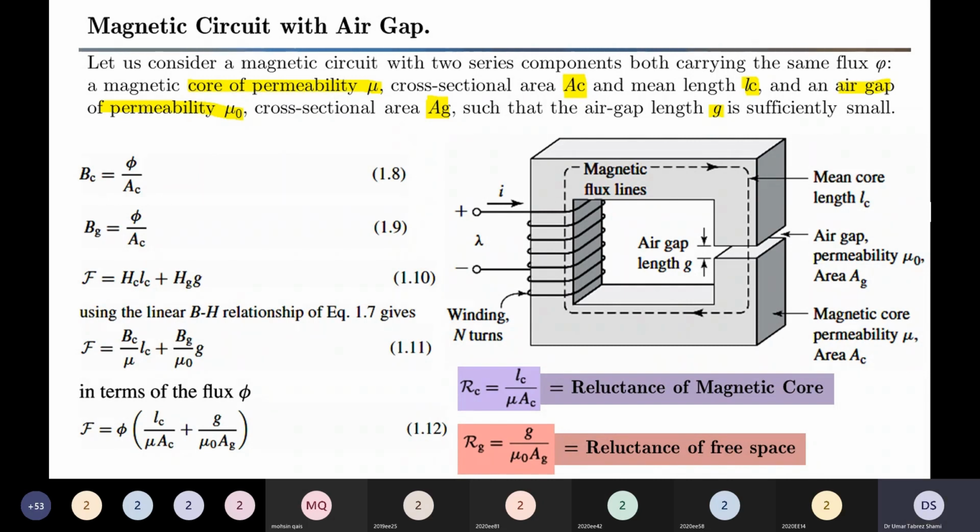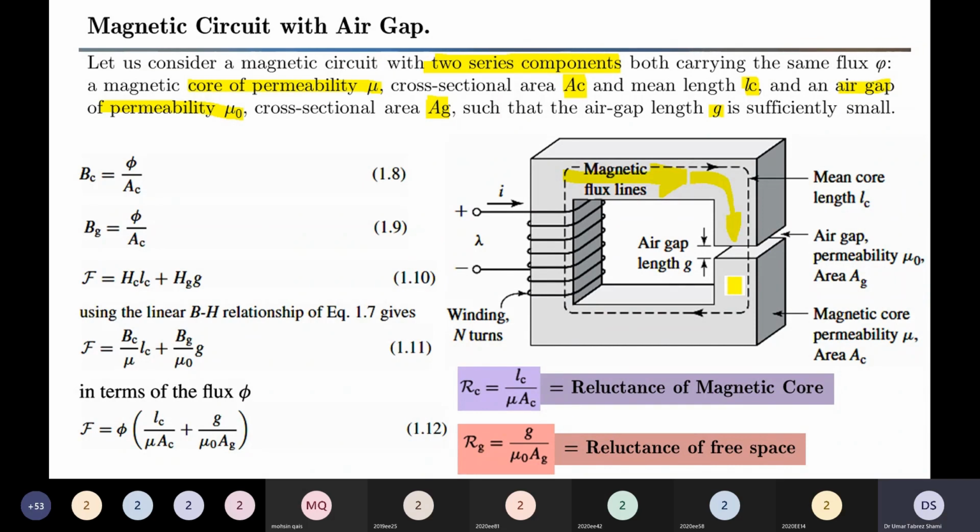Now, why did we say that they are two series connected? How can we say that the magnetic circuit has two series components, both carrying the same flux? This statement is valid because the flux passes through the core, and then the same flux passes through the air gap.